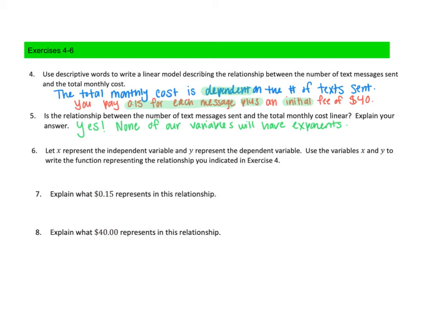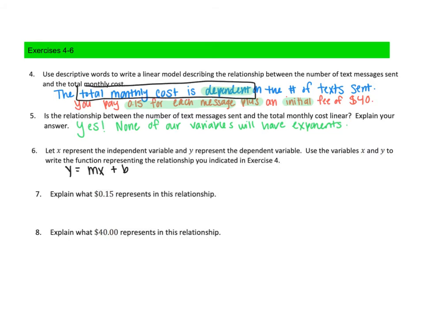Number 6, it says let x represent the independent variable and y represent the dependent variable. Use the variables to write the function regarding this relationship. So we are writing our equation in y equals mx plus b format. We're going to use those keywords up there to help us out. So the total monthly cost is dependent.